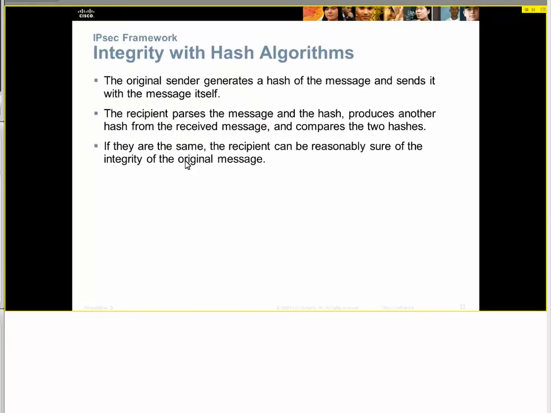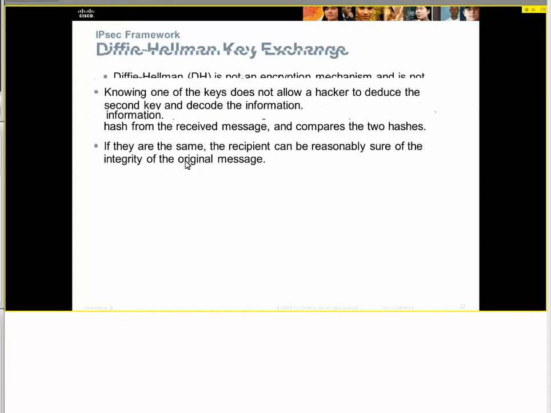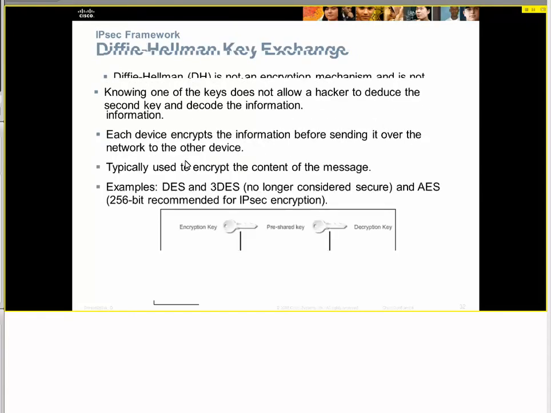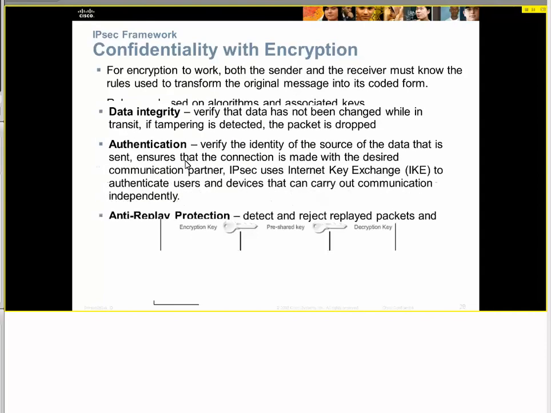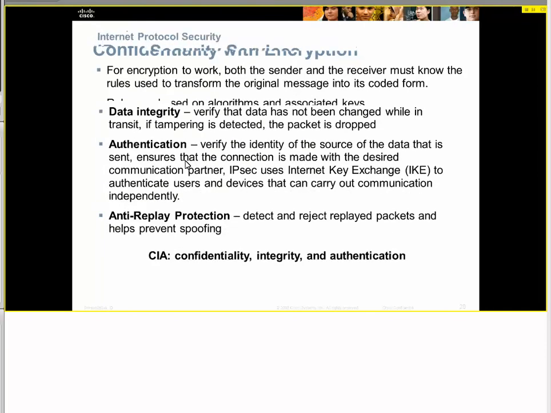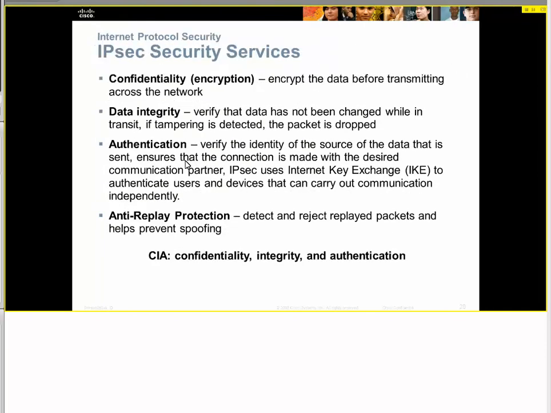Now, the second leg of our security example, let's go back a second. If we go back a second to our security framework, we talked about confidentiality, integrity, and authentication. The encryption, using a secret key to encrypt our data, is the confidentiality portion.